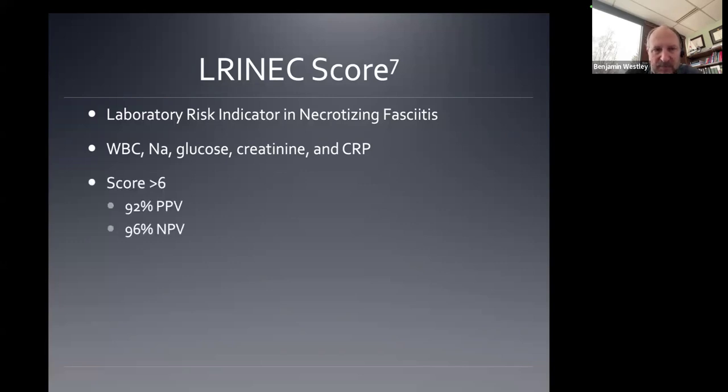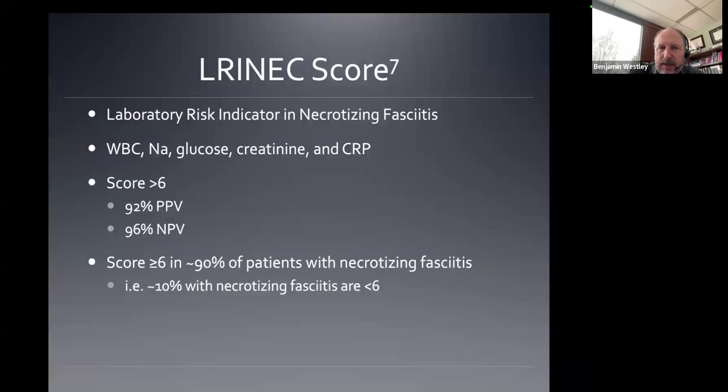If the score is over 6, the positive predictive value for necrotizing disease is 92%, but the negative predictive value is 96%. So if you're under that, it will argue against having a necrotizing infection. So scores over 6 are particularly concerning. A score of 6 or higher is seen in 90% of necrotizing fasciitis.